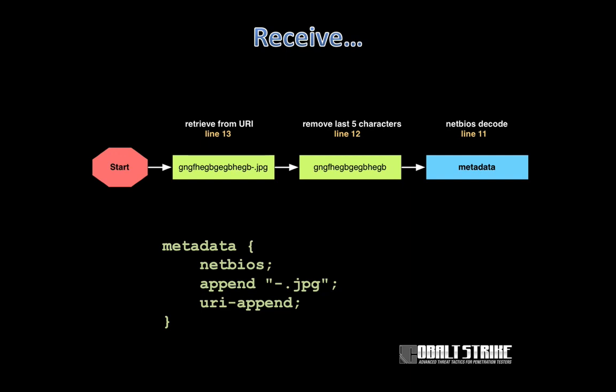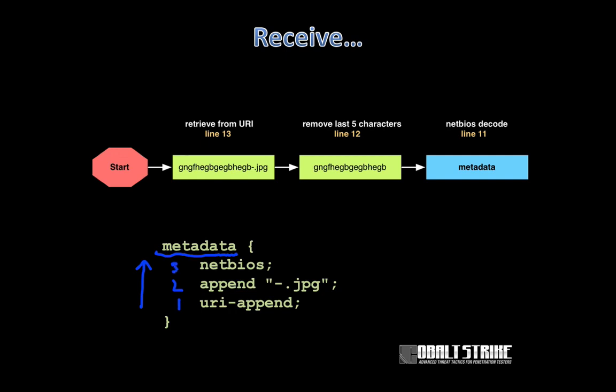So let's look at the receive side. We're going to use, again, the same metadata block, but instead of following the metadata block to send the data, we're going to instead work backwards and recover the original metadata. So when we're doing a recovery of data, we're actually going to follow these steps backwards.